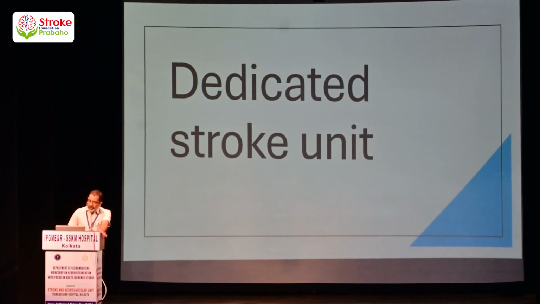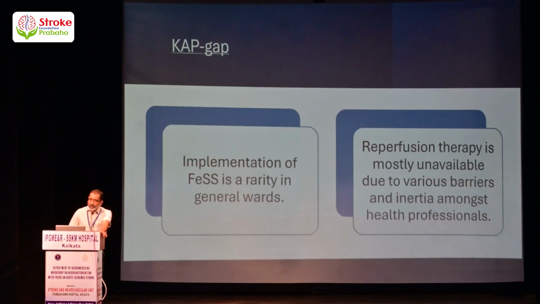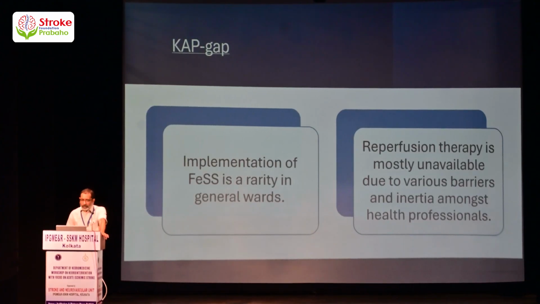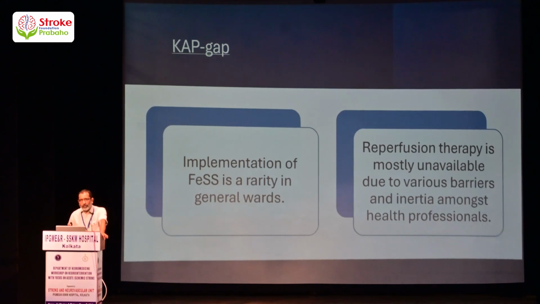Another important challenge is to develop a dedicated stroke unit. We are all aware that in an ICMR project, we have found that implementation of the PHASE protocol, that is management of fever, high sugar, swallowing dysfunction, and hypertension, these are the 4 important components.